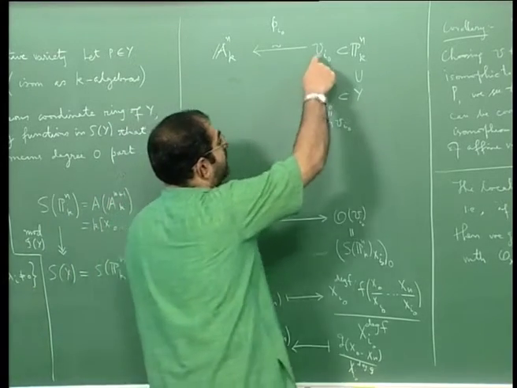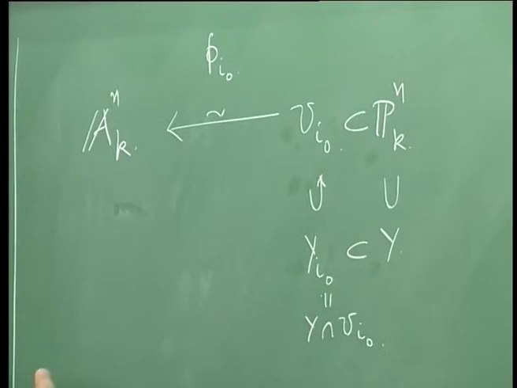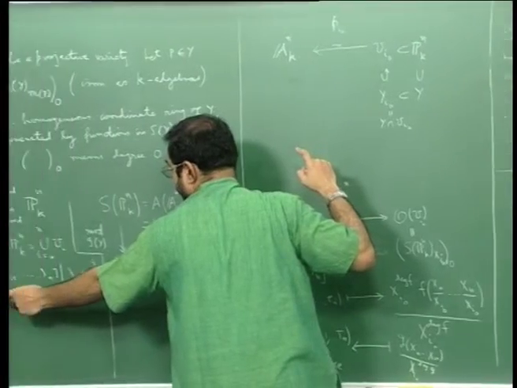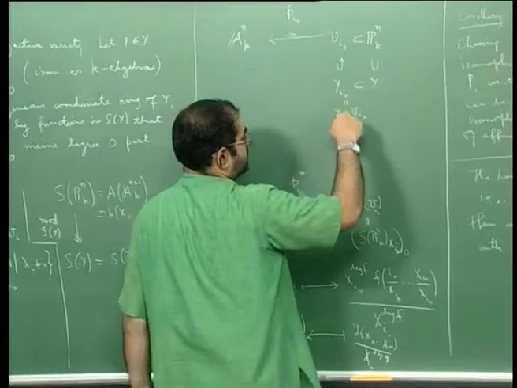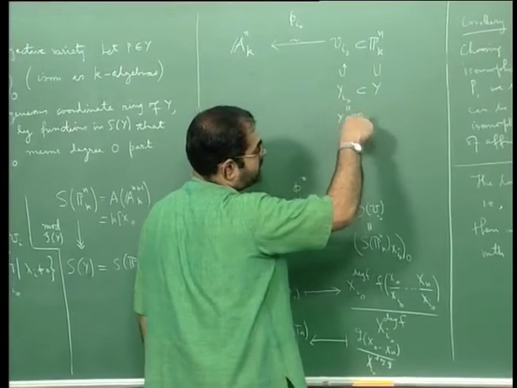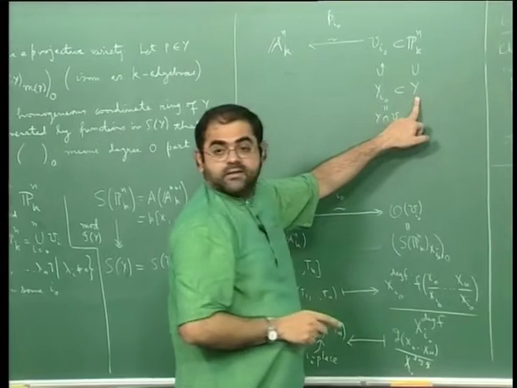Therefore, mind you, the point P is in U_i0 and it is in Y, so the point P belongs here, okay. So this is a non-empty open set in Y, so it is irreducible.